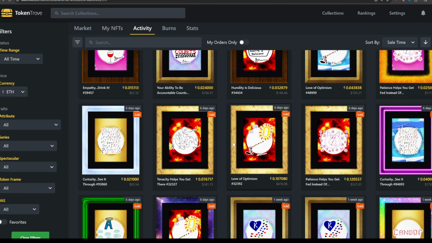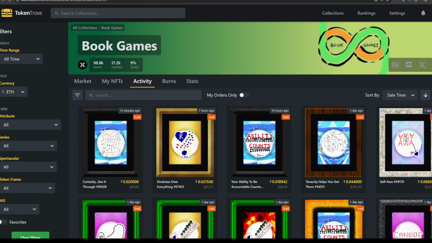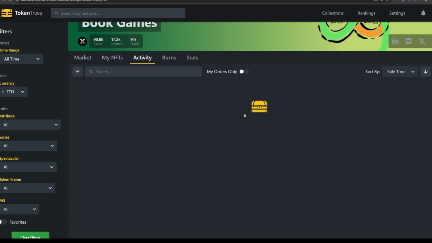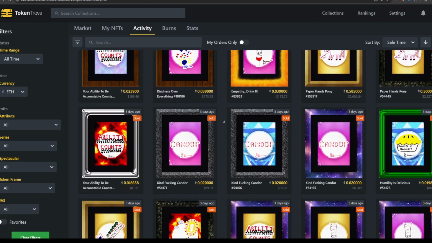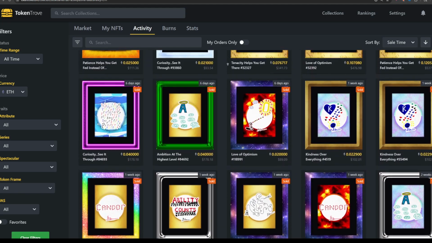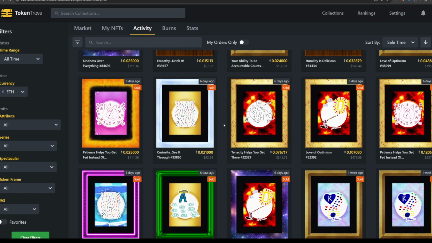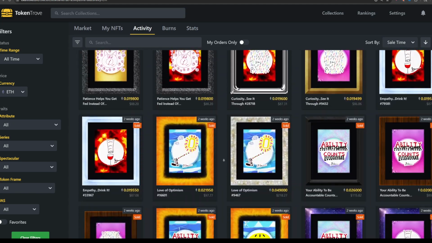Okay, we're going to refresh here on these three. And when we get back, we're going to take a look at some of this shelf from a while ago.